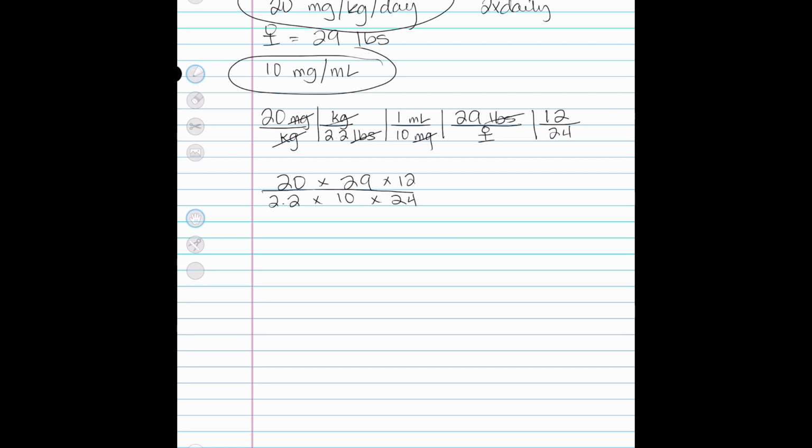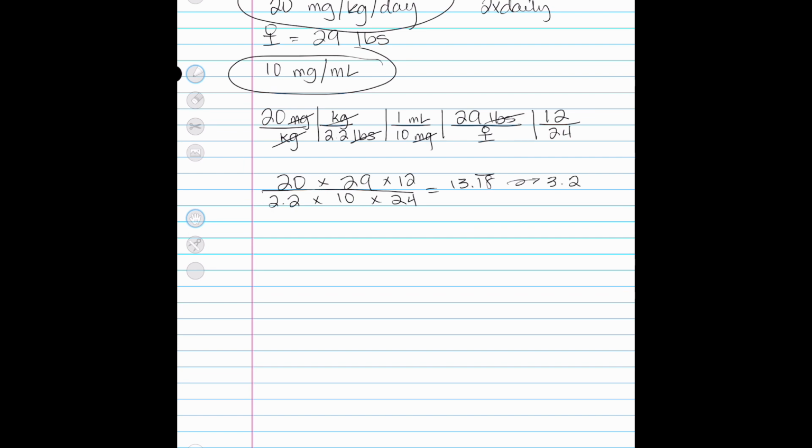It doesn't really matter. It is going to be the same. So let's look at my calculator: 20 times 29 times 12 over 2.2 times 10 times 24. The answer is still 13.18 repeating, which rounds up to 13.2.